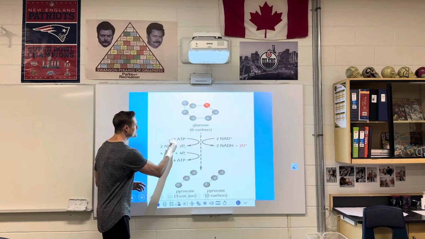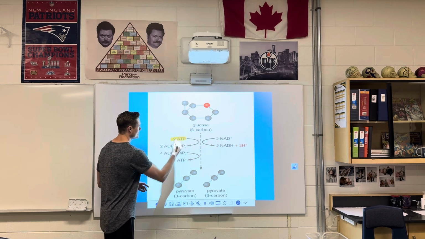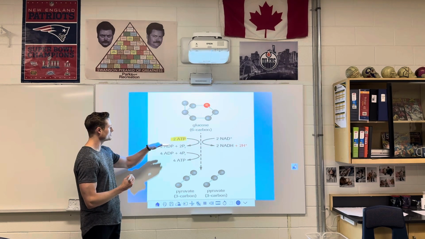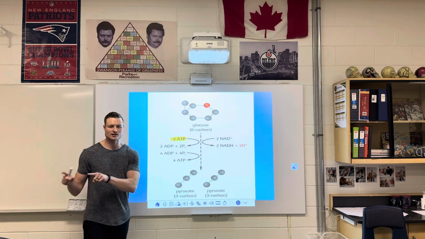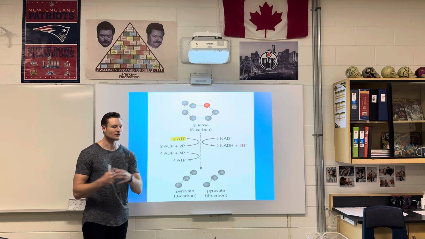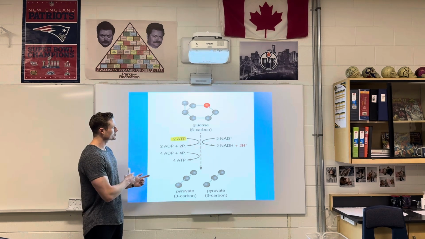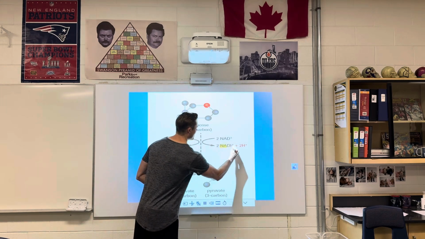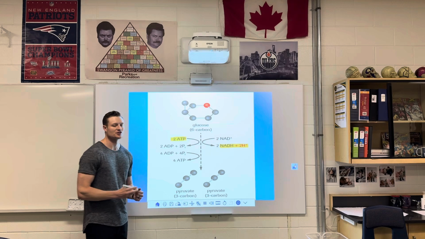So we're going to use 2 molecules of ATP, and when we use the ATP, remember it turns into ADP and a phosphate. So we've used 2 ATP to start this process, to start breaking apart the bonds within the molecule. When this process goes through, we're also going to create 2 NADHs and some hydrogen as well.